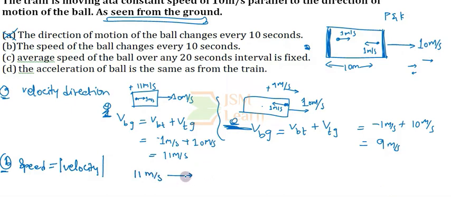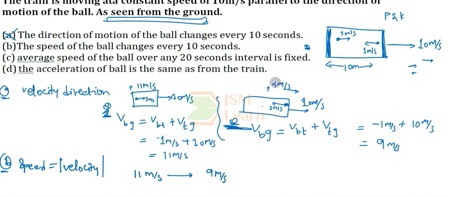Now we have to find what time was required for the ball to change its velocity from 11 meters per second to 9 meters per second with respect to the person standing on the ground. First we have to understand why the ball's velocity changed to 9 meters per second. What was the reason?